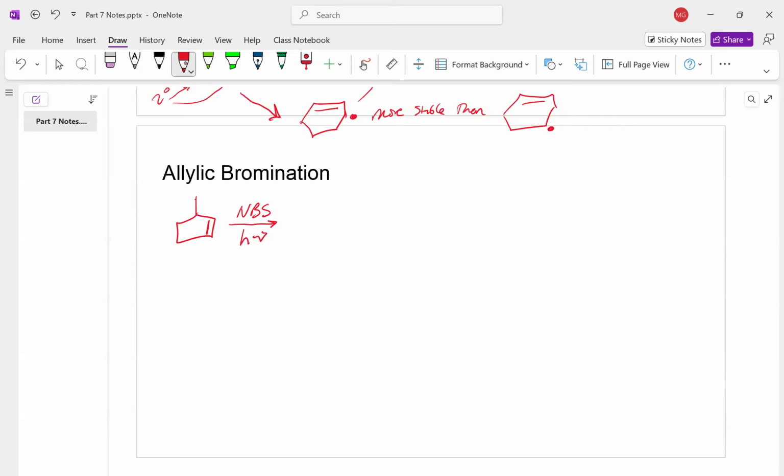The first thing you need to do is identify where the halogen is going to go. Whenever you have a double bond, you need to think there could be a good possibility this is an allylic bromination. So I have an allylic position right there, and I have an allylic position right there.